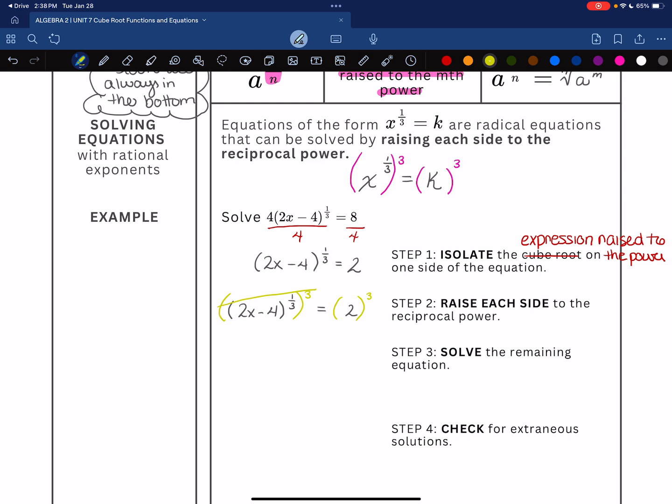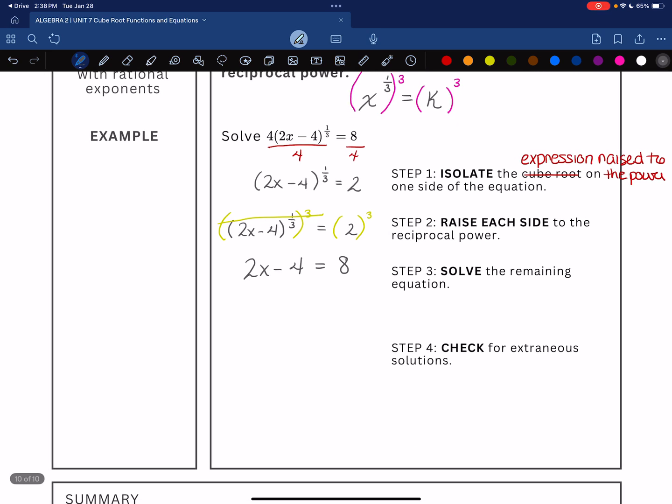Those powers are going to get canceled out, and so we'll be left with just the 2x minus 4, and 2 cubed is 8. Now we're ready to solve that remaining equation. How will we do that? First step, going to be to add 4 on each side, giving us 2x equals 12, and then divide by 2, so that x equals 6.